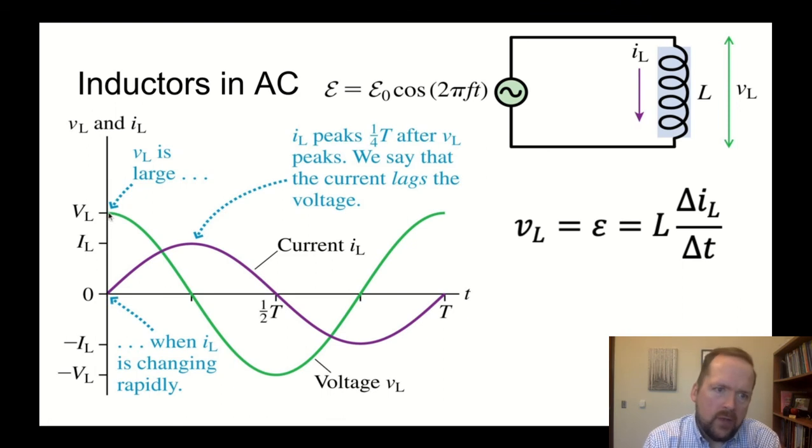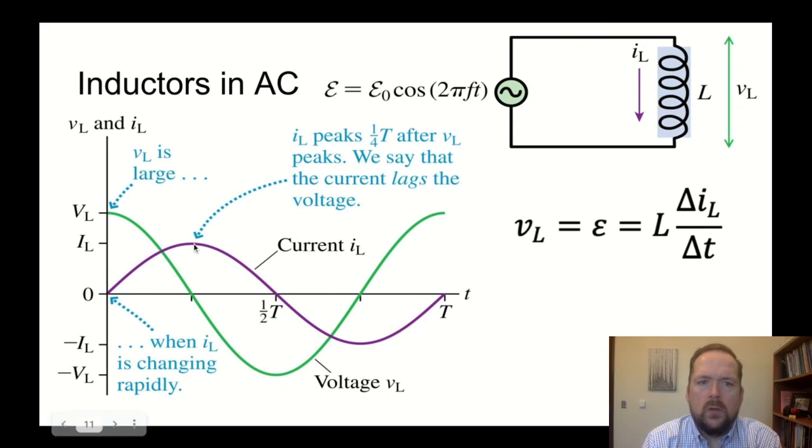Even though it's a zero current right here, it is the steepest slope on this graph, so we have the biggest voltage. And then as the change in current is getting less and less, the voltage across that inductor is dropping to keep this relationship between the voltage and the change in current.